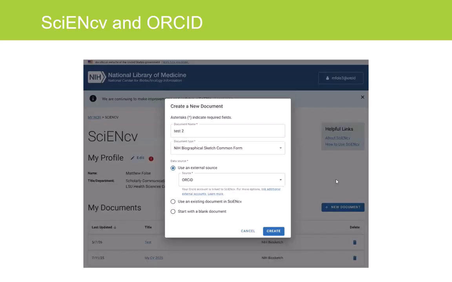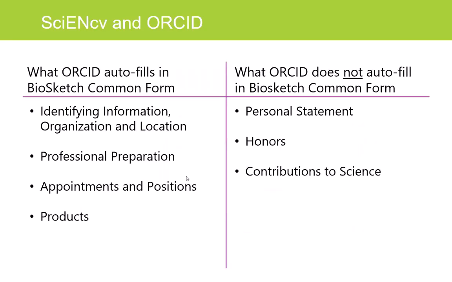It pulls up this pop-up menu. And this is where you would be sure in this box here under document type to select NIH Biographical Sketch Common Form. Don't pick any other one. And then this is where it will extract the information to your form. And then here you would select where do you want to pull it from? You want to pull it from ORCID. And then it will automatically populate many fields in your biosketch, but not all the fields.